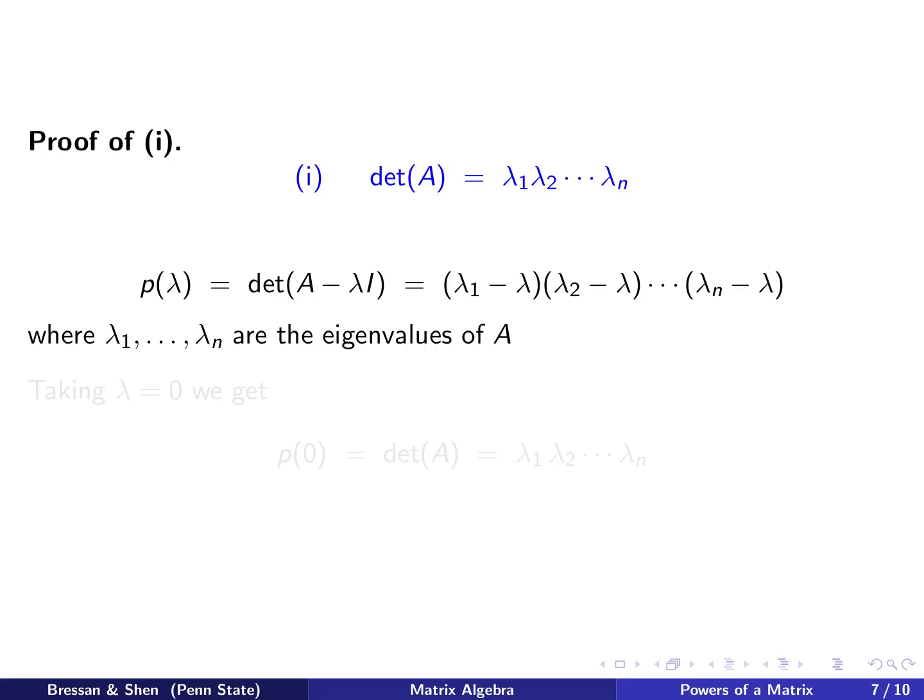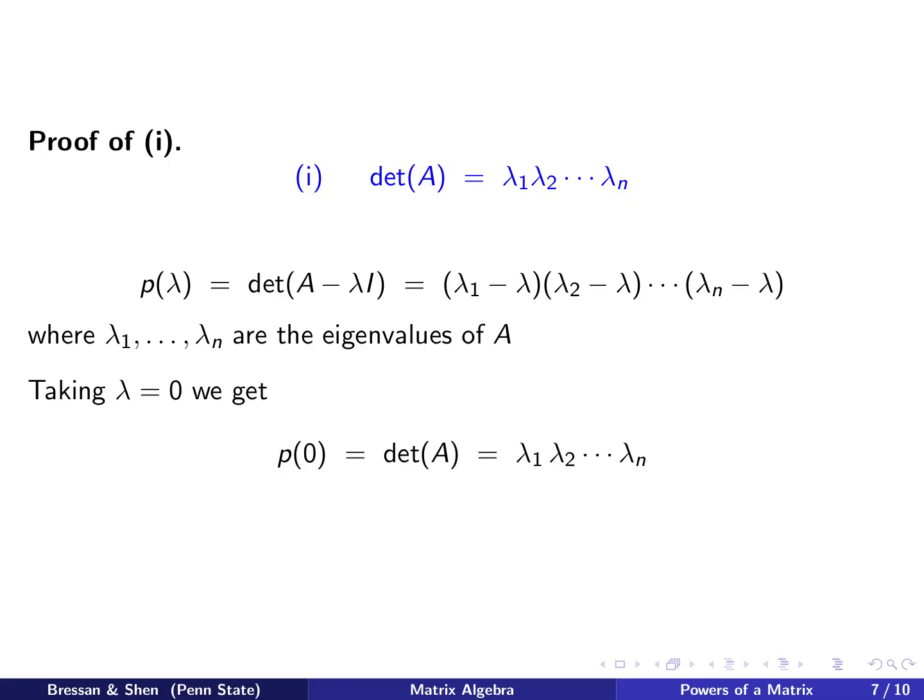Let's now first find the characteristic polynomial for the matrix A, we call it P of lambda, which will be the determinant of A minus lambda I. And if I know that the lambda i's are already the eigenvalues, then we can write this out as a factorized form, where these lambda i's are already the eigenvalues of A.